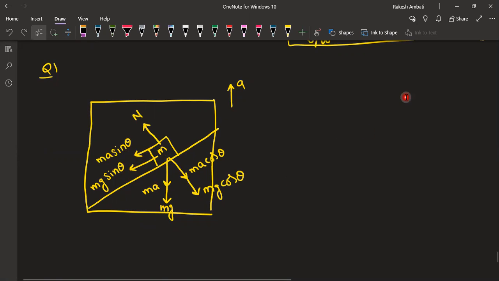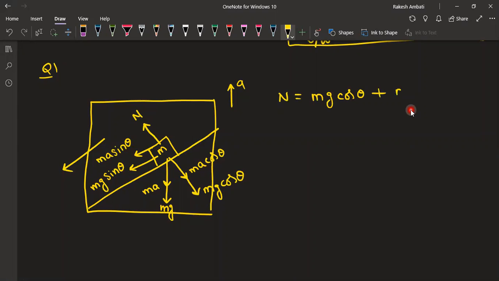So therefore here, in this case, the block is moving down the wedge. It is the direction of motion. So if the block is moving down the wedge, in this direction the forces will be balanced. So in this case, normal force is balanced by mg cos theta plus ma cos theta.